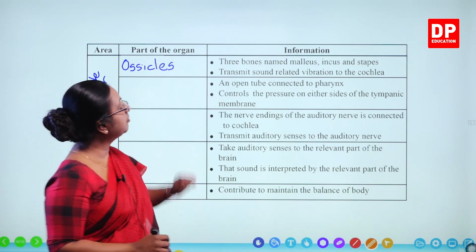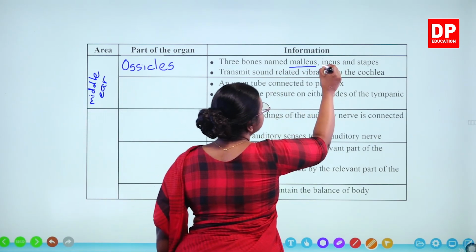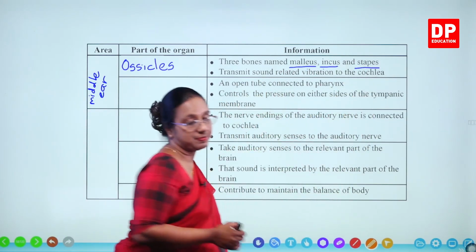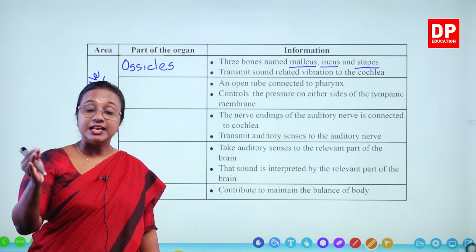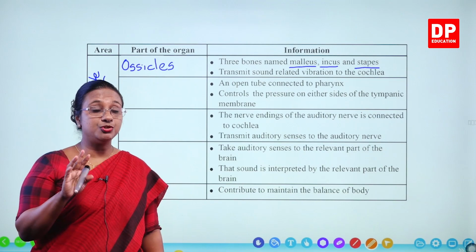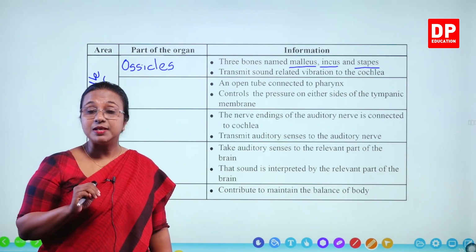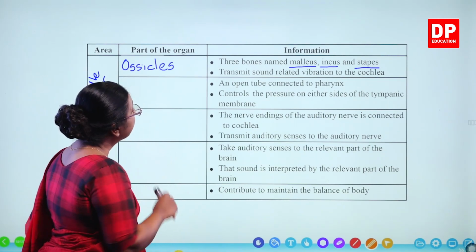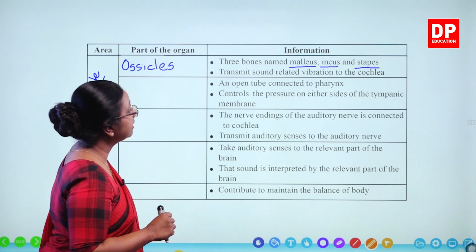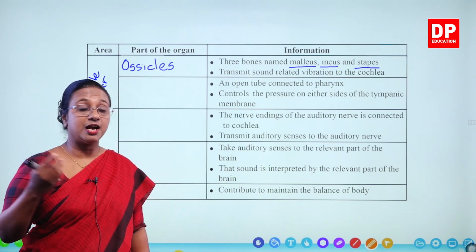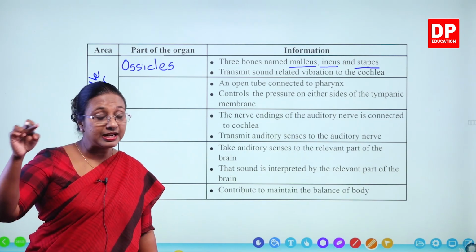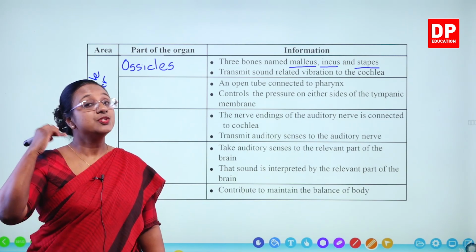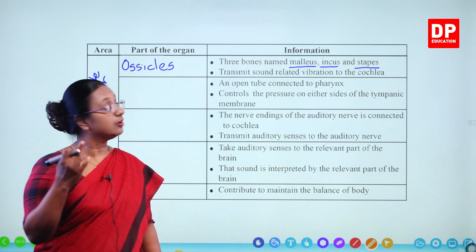Ossicles, there are three bones named malleus, incus and stapes. You have to remember the three names, students. You don't have to identify them separately, but you should know the names and you should remember there are three bones. And they transmit sound-related vibration to the cochlea. So they receive the vibration from the tympanic membrane and they are connected to the tympanic membrane. So they transmit the sound to the cochlea.